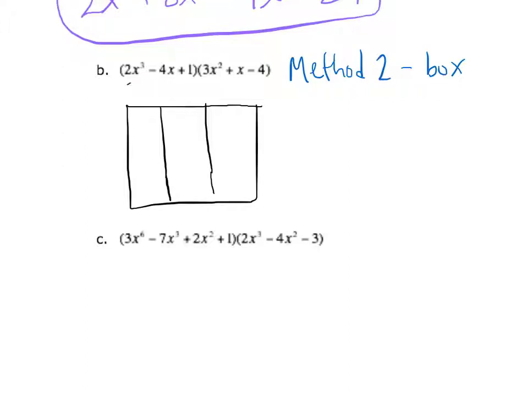Alright, so this is where your 2x to the 3rd minus 4x plus 1 would go. And then on the side, you're going to have each term, 3x squared plus x minus 4.